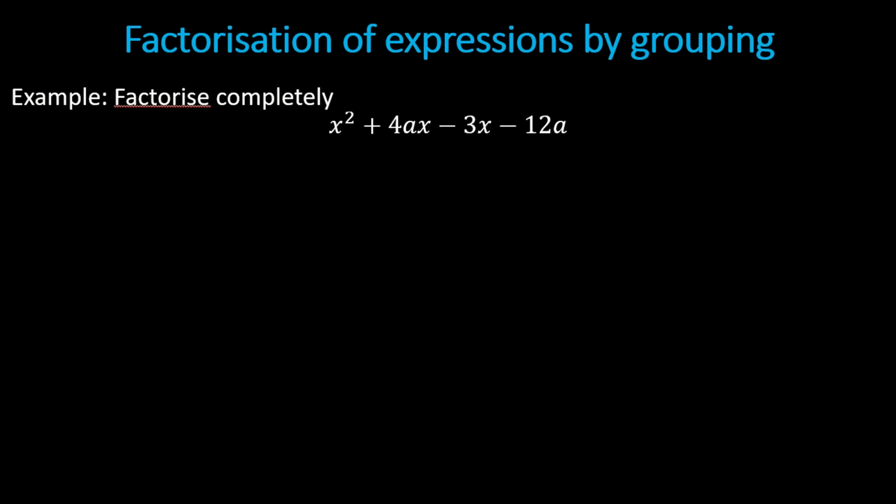X squared is simply x times x. You have your plus, write down plus. 4ax, 4 is simply 2 times 2. Now since you have ax, you have to include a times x, right? So our first two terms in expanded form.